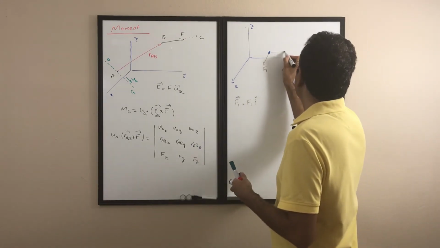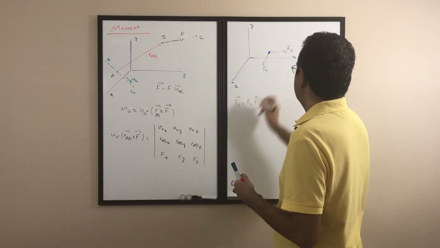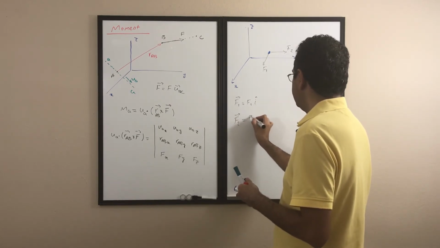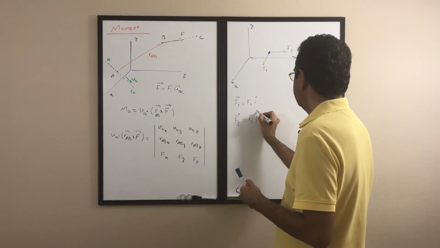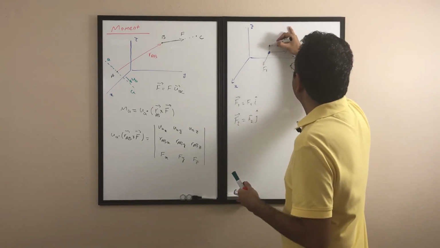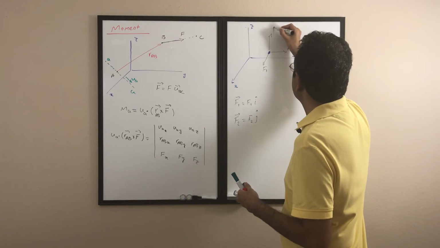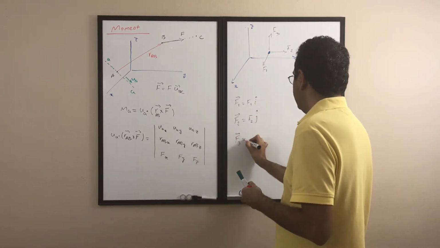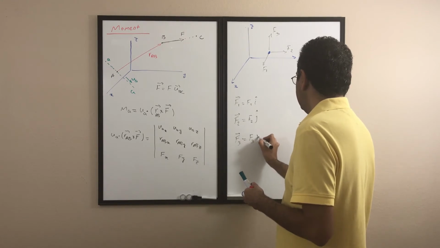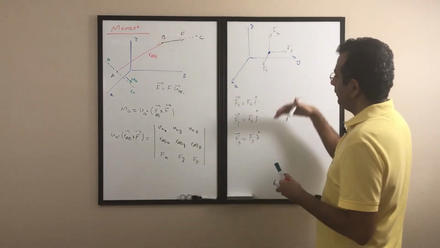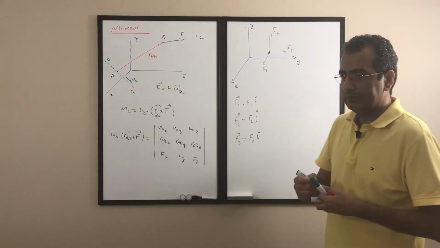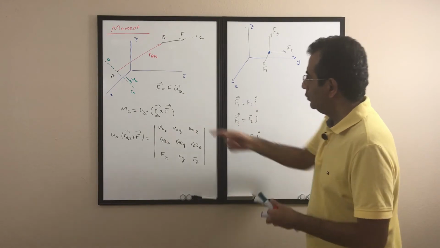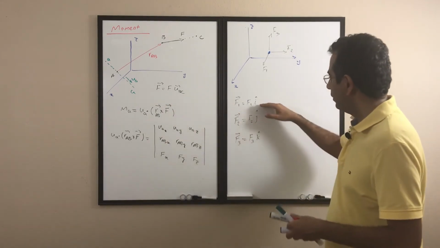If I have an F2 in the Y direction, the vector F2 is simply the magnitude of F2 times J. And if F3 is in the Z direction, F3 is the magnitude of F3 times K. So remember, if your force or vector is in the I, J, or K direction, you don't need to use this equation. Just simply put I, J, K.